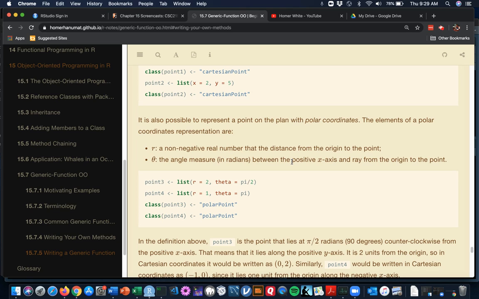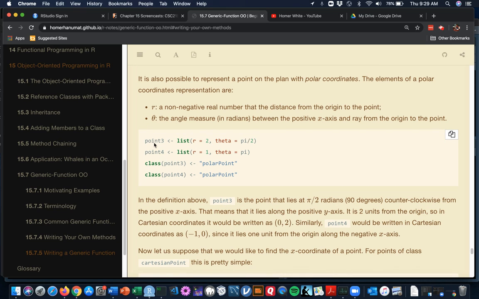So how far away is the point from what we think of as (0, 0), the origin? The other number is theta, the angle measure between the positive x-axis and the ray that goes from the origin to the point. We'll measure that in radians. 2 pi radians makes a whole circle. So we're using radians and not degrees.